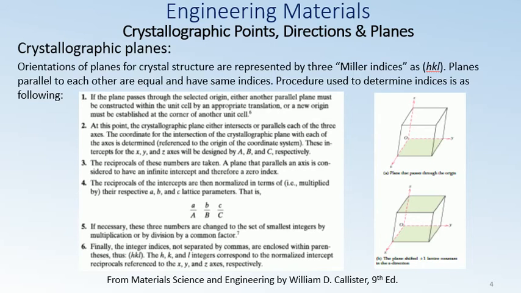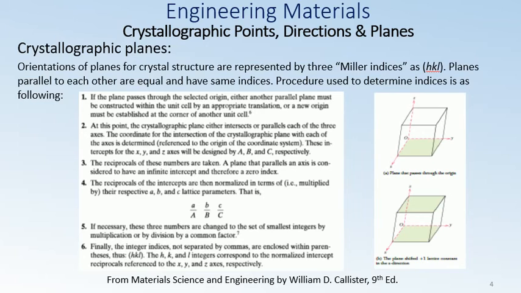This plane does not cut the x-axis or the y-axis. It is parallel to the x-axis and y-axis. You keep extending the plane, it keeps extending parallel to the x and y axes with respect to the chosen origin, of course.